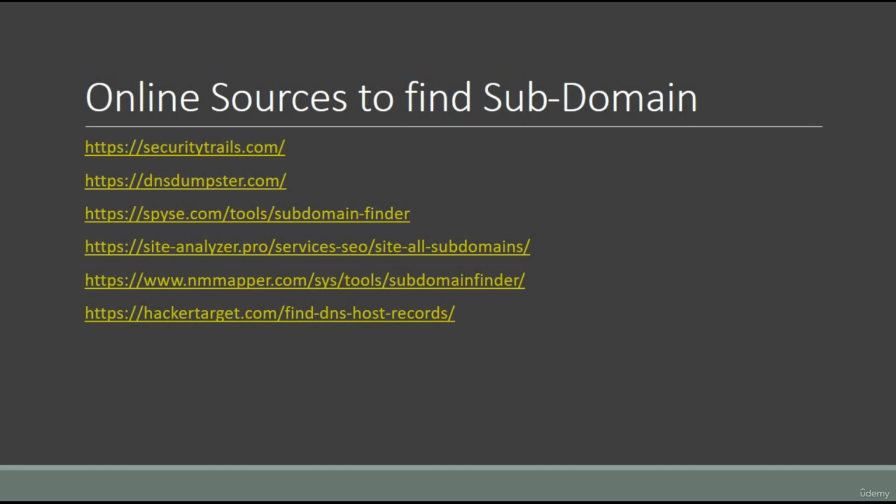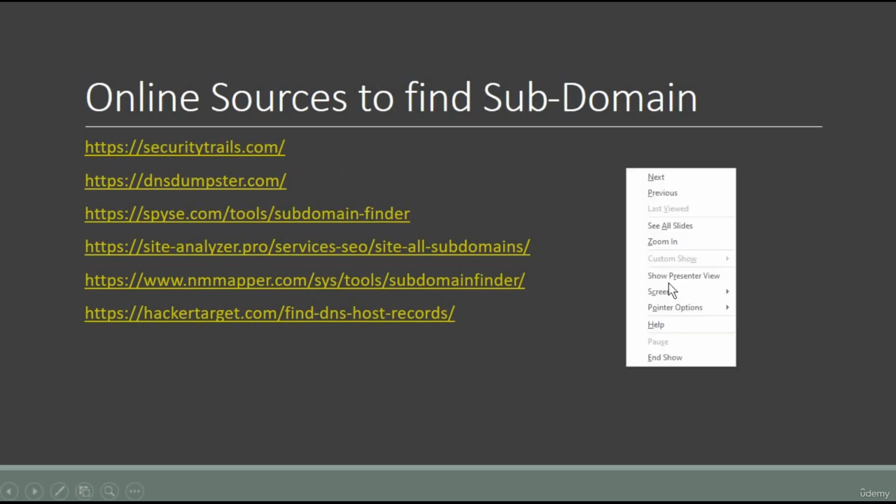But if you have some specific domain, some specific subdomain, then you can search on these websites. So we have securitytrails.com, dnsdumpster.com, siteanalyze.pro, nmmapper.com, hackertarget.com. I'm just going to show you live how we can do this.